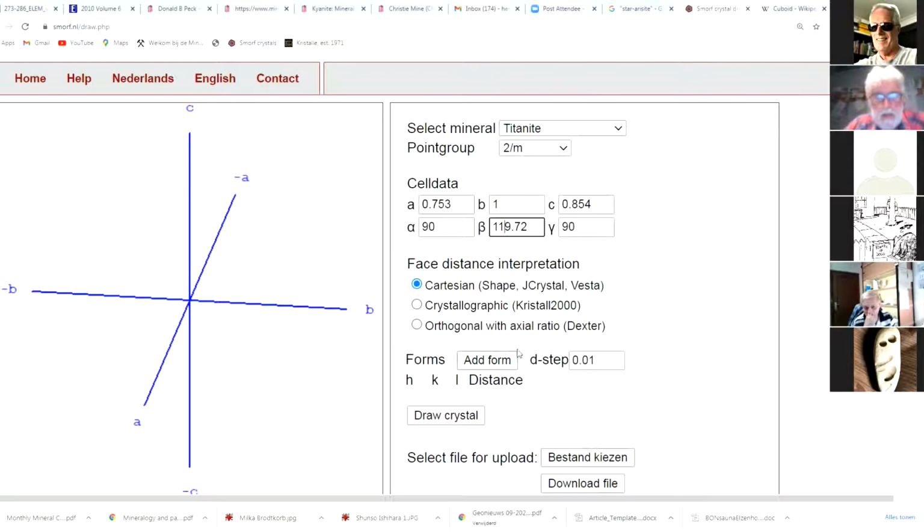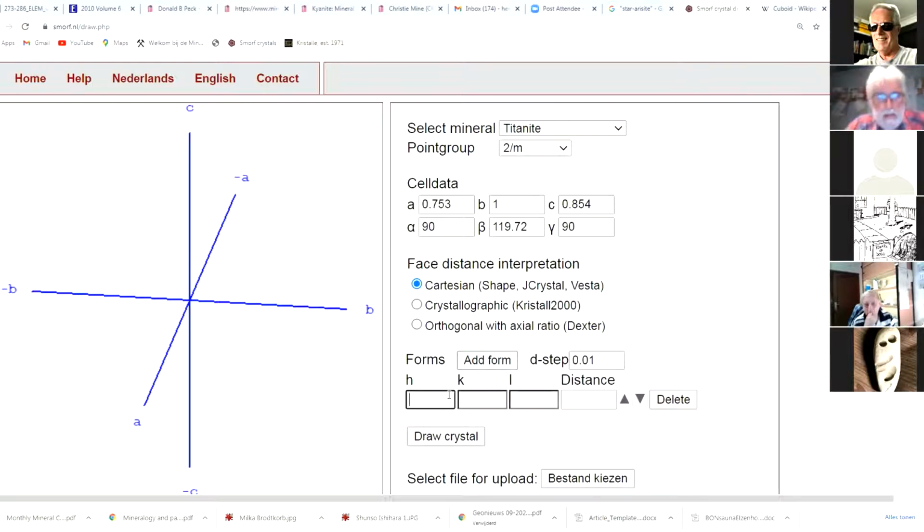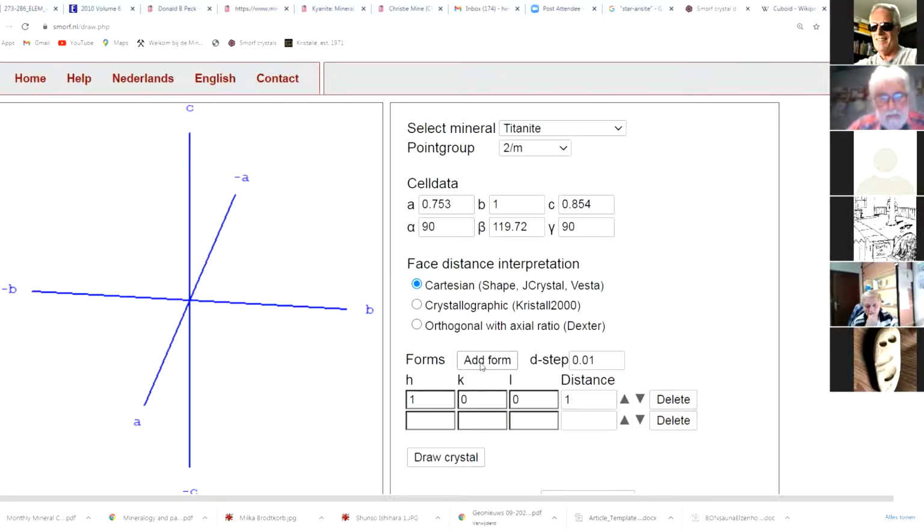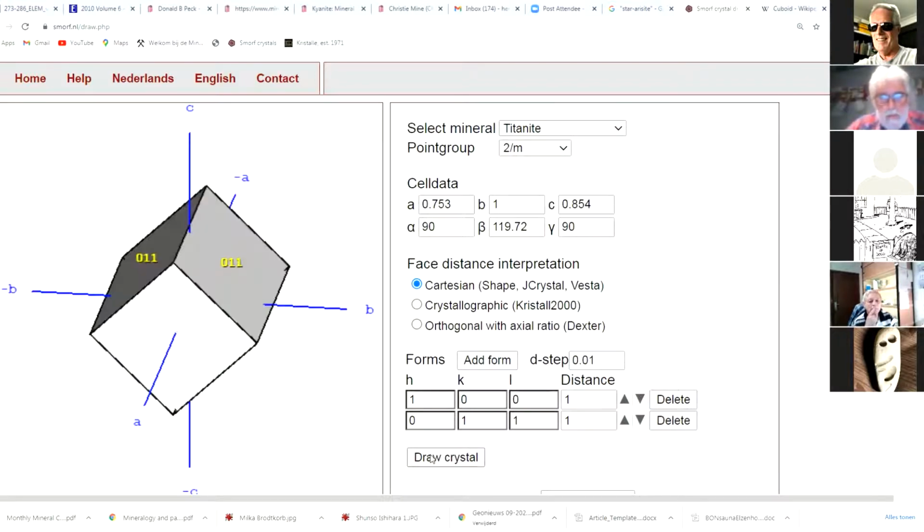So if we add the three basic forms here, being the 1, 0, 0, distance 1, draw crystal, of course, it's not doing anything because our crystal shape is still open. So again, 0, 1, 0, distance 1, draw crystal.